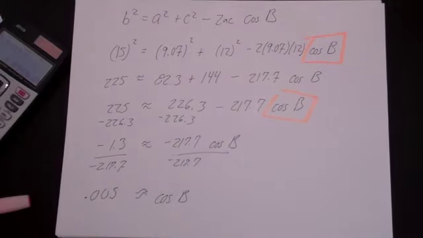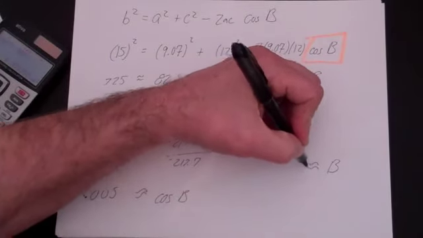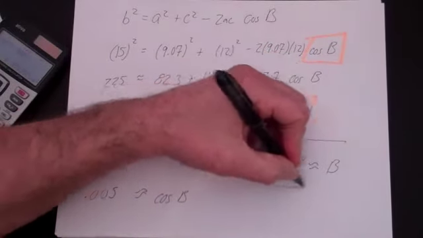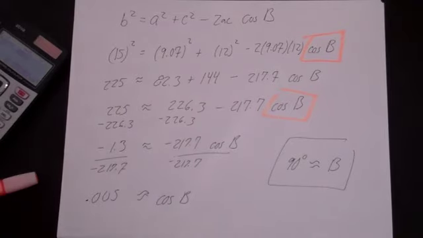I'm going to do cosine inverse of that number. I get about 90 degrees. And that's how you do the law of cosines, at least when it's SAS.